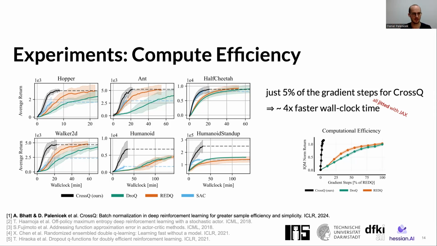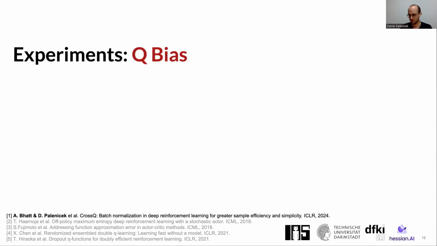All right, cool. One important thing that REDQ and DroQ really look at is the Q bias of these methods. The Q bias is basically the difference between what your Q function says and the empirical return you actually get from the environment.